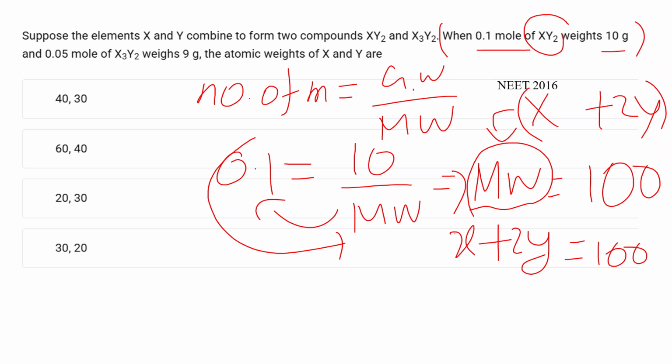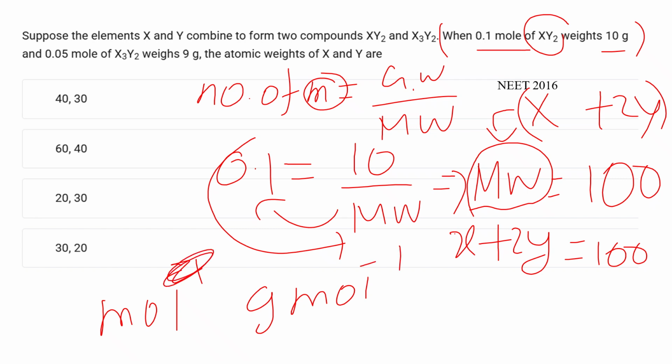What is the unit? The numerator has gram and the denominator has mole, so the final answer is gram per mole.